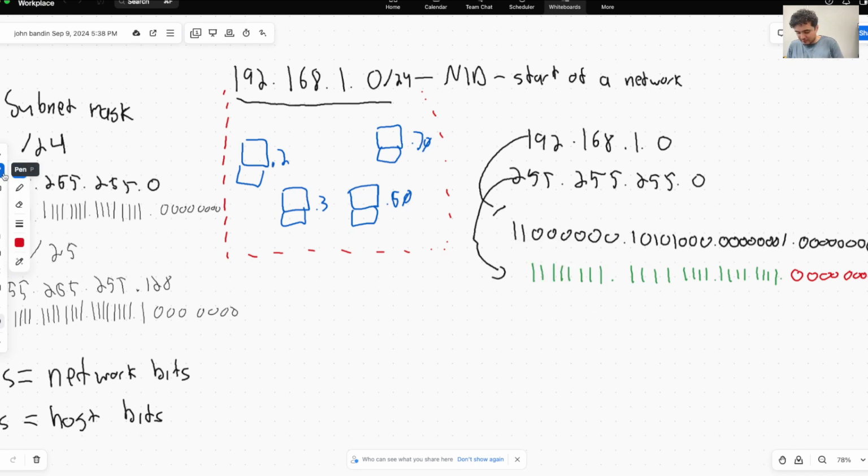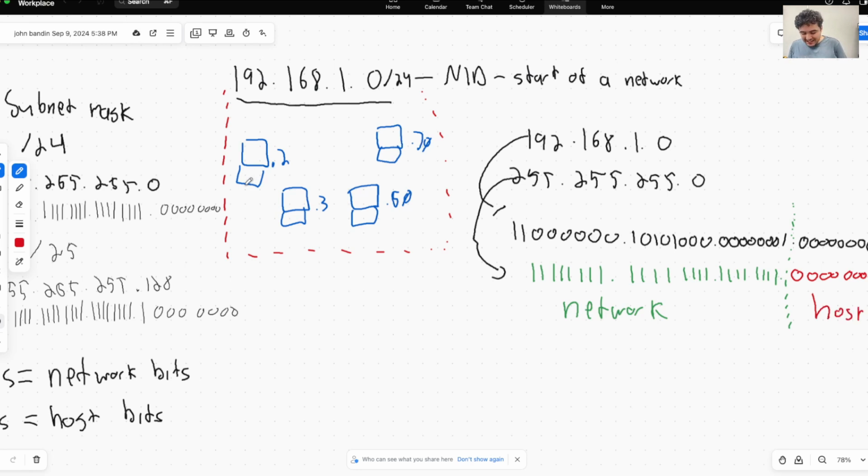Okay. So what we're saying here is that these ones represent the network portion. They represent the network portion. These zeros over here represent the host portion.